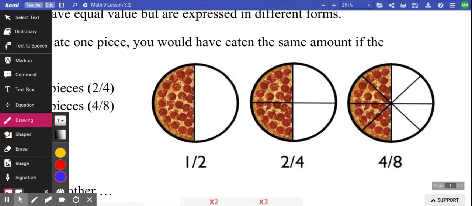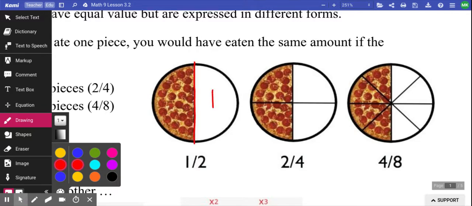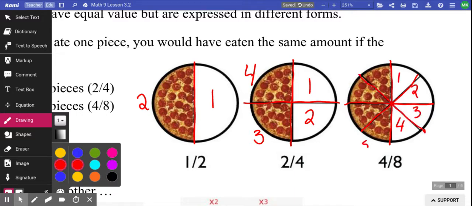The first one has been broken up into 2 slices. 1, 2. The second one has been broken up into 4. 1, 2, 3, 4. And the third one has been broken up into 8ths. They even did the lines for you this time, which is nice. 1, 2, 3, 4, 5, 6, 7, 8.